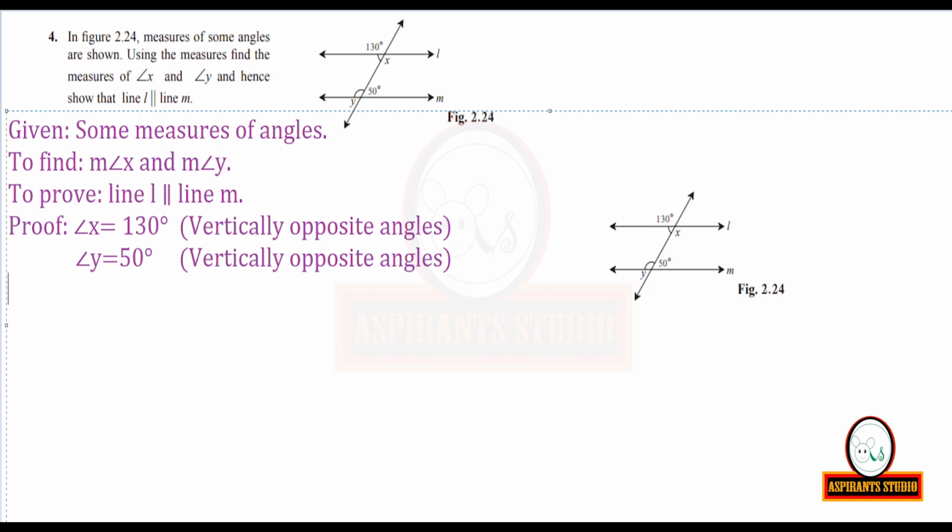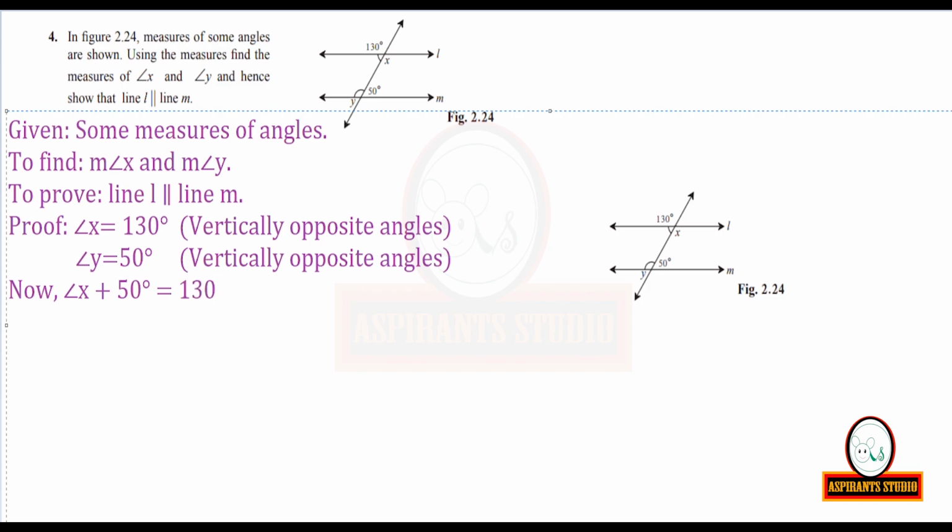Now we have to prove that line L is parallel to line M. So for the proof, we have to see whether we can use any tests for parallel lines. Now looking at the figure, we have angle X, that is measure of angle X plus 50 degrees.